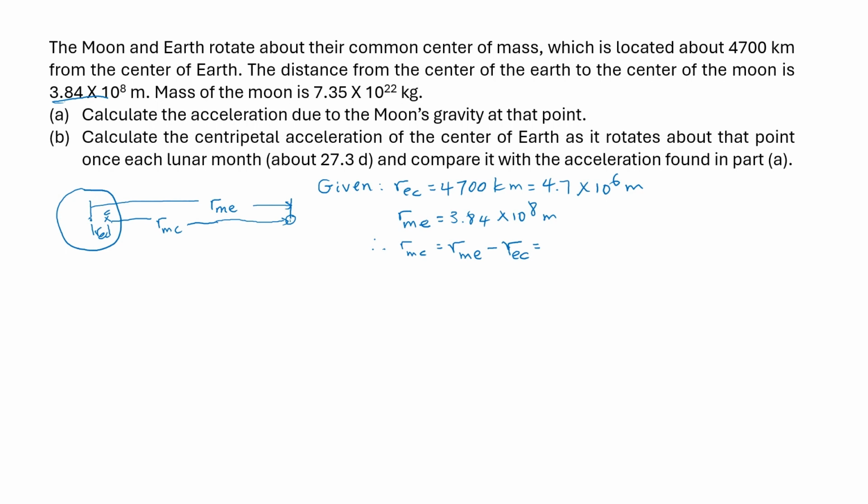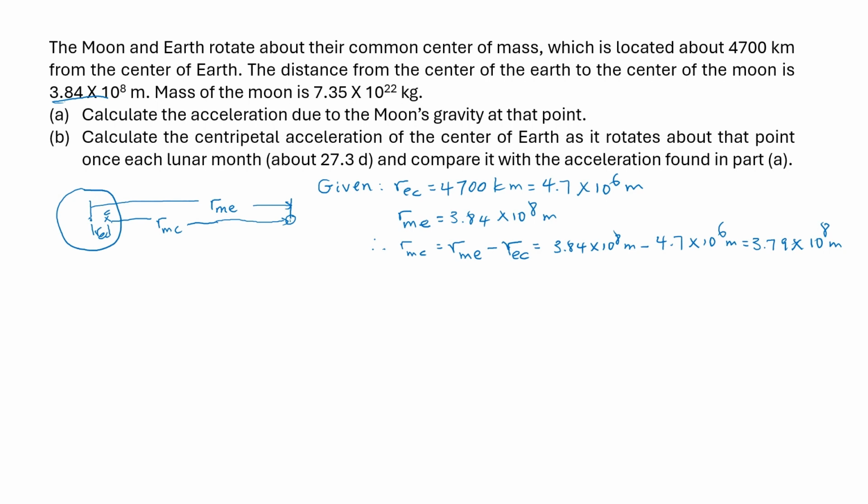That will be equal to 3.84 times 10 to the power of 8 meters minus 4.7 times 10 to the power of 6 meters. That will be equal to 3.79 times 10 to the power of 8 meters. So now we know the distance from the common center to the Moon.